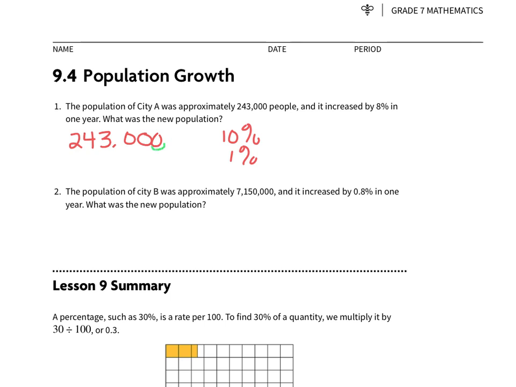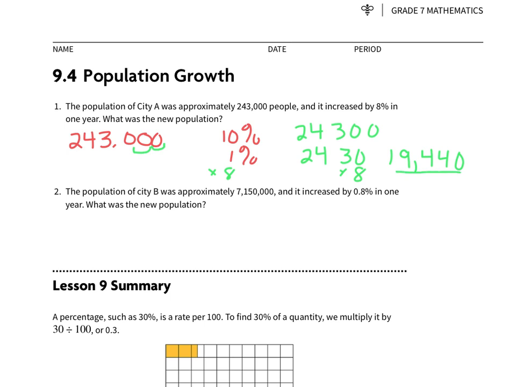If I can find 1%, I can find 8%. And again, this is just moving decimals, right? So 10% would be 24,300. 1%, move that decimal one more place, 2,430. So to get 8%, I would multiply that by 8. I'm going to use my calculator this time. Now, when I multiply here, I get 19,440. It's not my final answer here, though, right?